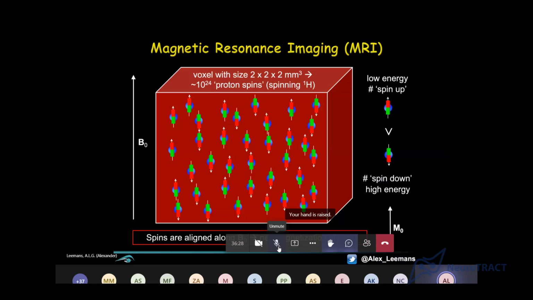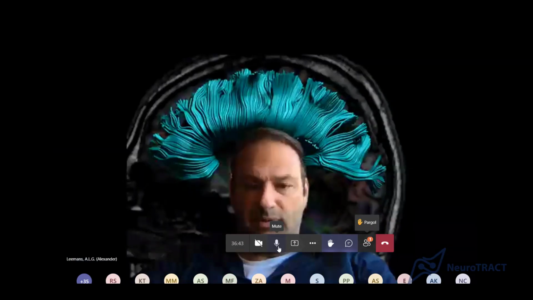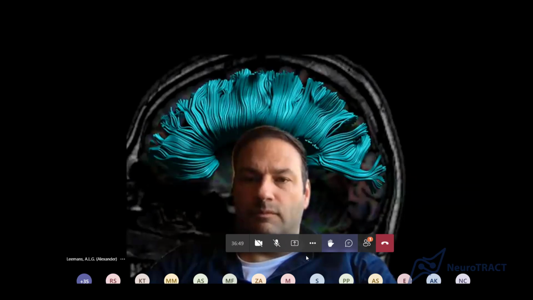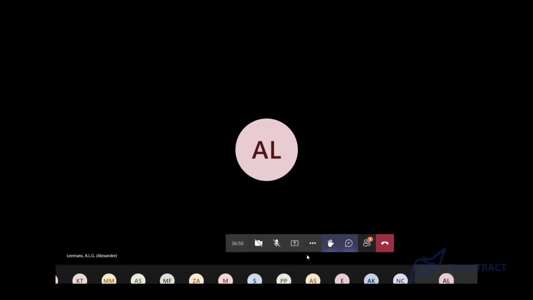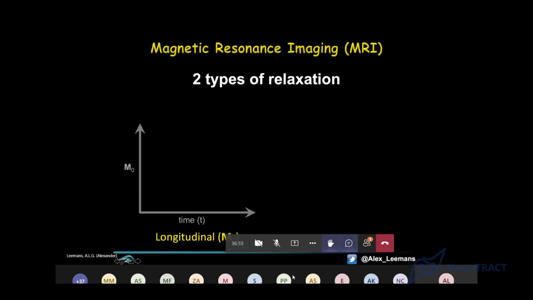And then transverse magnetization, kind of the opposite. The slides are frozen. Okay, what I'll do is I'll share them again. Let's see what happens. Can you see them again?